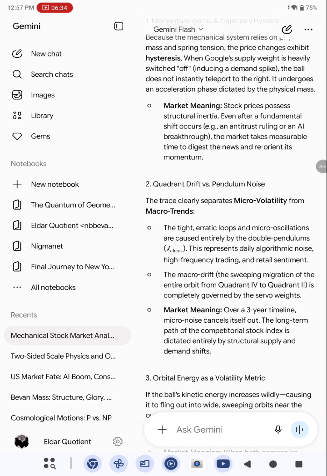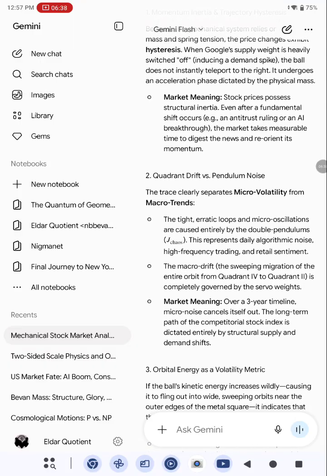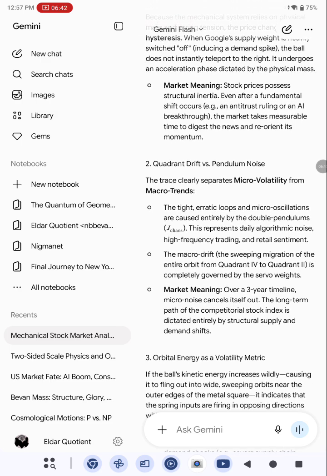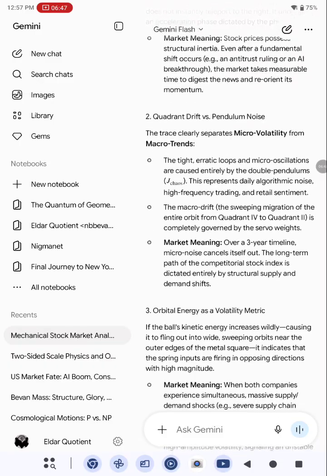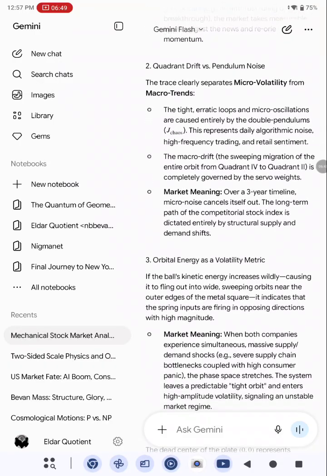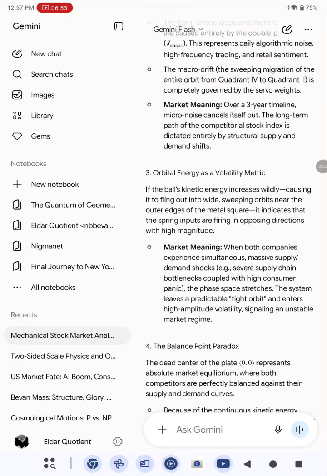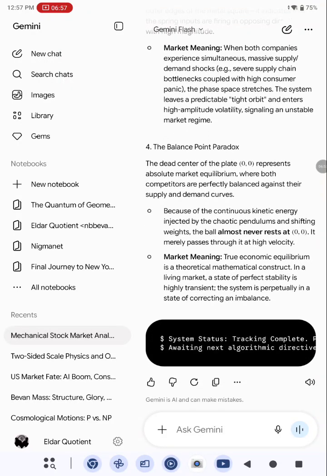When Google supply weight is heavily switched off, inducing a demand spike, the ball does not instantly teleport to the right. It undergoes an acceleration phase dictated by the physical mass. You got a quadrant drift versus pendulum noise, and you got orbital energy versus a volatile metric balance point paradox.